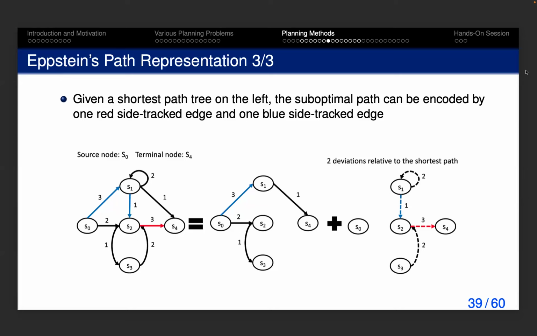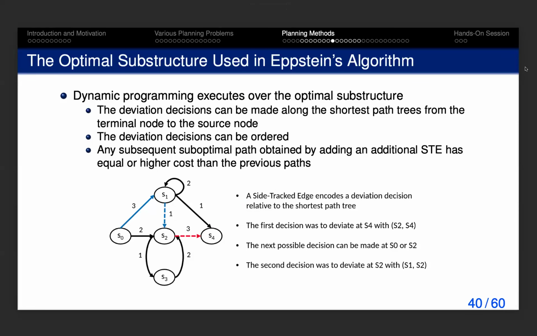Okay, thank you. Understanding this means that you understand Epstein's algorithm in the end, because what Epstein's algorithm does is trace back these sidetrack edges from here to here in an organized way. In summary, dynamic programming essentially executes over the optimal substructures, and this is in the end the same. There is an optimal substructure in this k-shortest path finding problem in Epstein's algorithm.